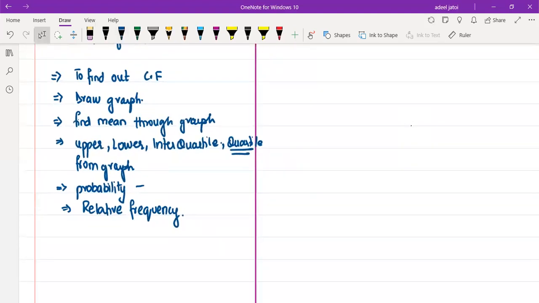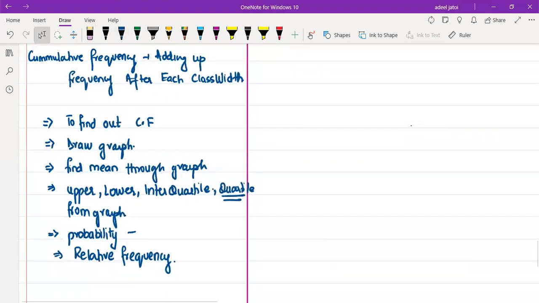So, you'll be asked to find out the cumulative frequency. Number one, you'll be told to draw the graph. You'll be told to find out mean, upper quartile, lower quartile, interquartile range, or quartile from the graph. You'll be told to find out the probability, and the relative frequency could be tested through this.